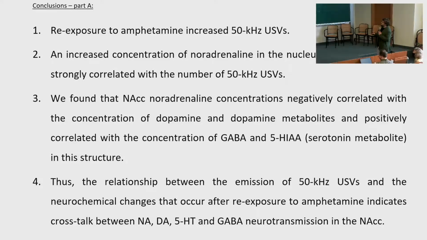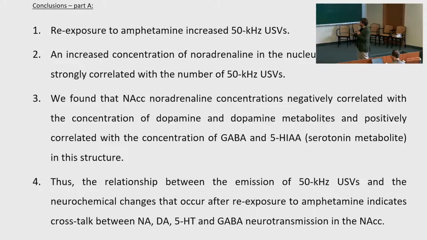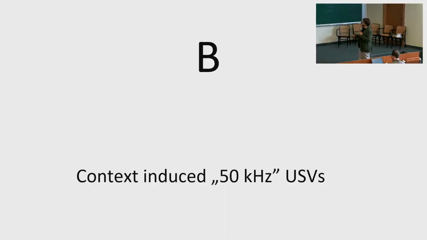We found that noradrenaline concentration negatively correlates with the dopamine and dopamine metabolite, and positively correlated with the GABA and 5-HIAA, which is a serotonin metabolite, in the structure. Those relationships between the emission of the 50 kilohertz USV and the neurochemical changes that occur after re-exposure to amphetamine indicate the crosstalk between noradrenaline, dopamine, serotonin, and GABA neurotransmission in the nucleus accumbens.